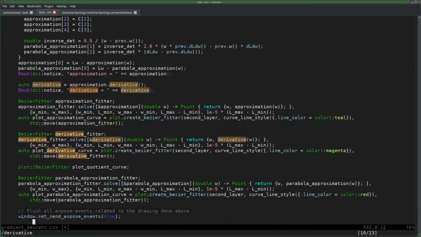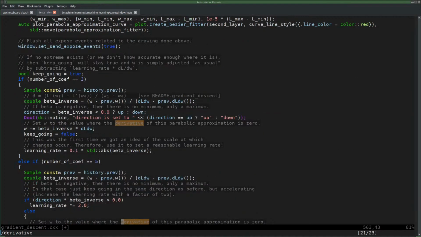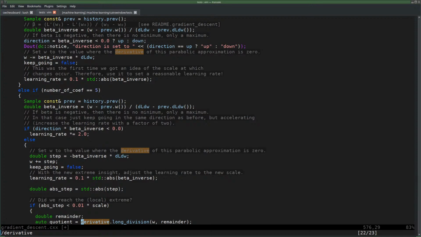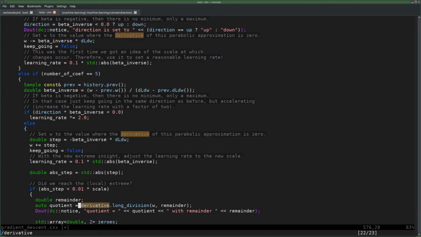That is here. The derivative is used, well, it is just drawing again. And then the derivatives is used to calculate the quotient. So yes, I don't need to do this until this point.